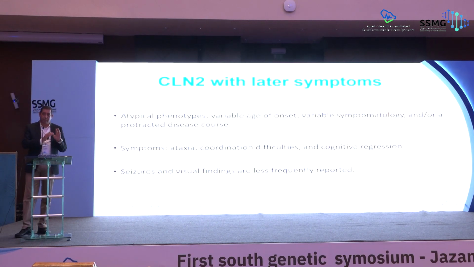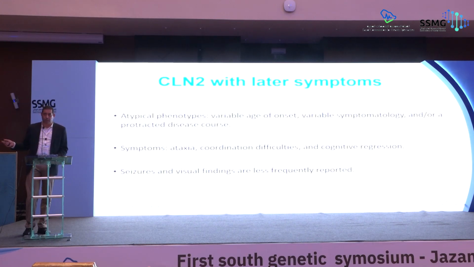This is the classical type, what we called before the late infantile classical type of CLN2. We recognize now that there is another group, around 15 to 20%, who may present at any age with variable presentation. What is interesting in this group is that the main presentation is gait problem in the form of ataxia, and cognitive decline.